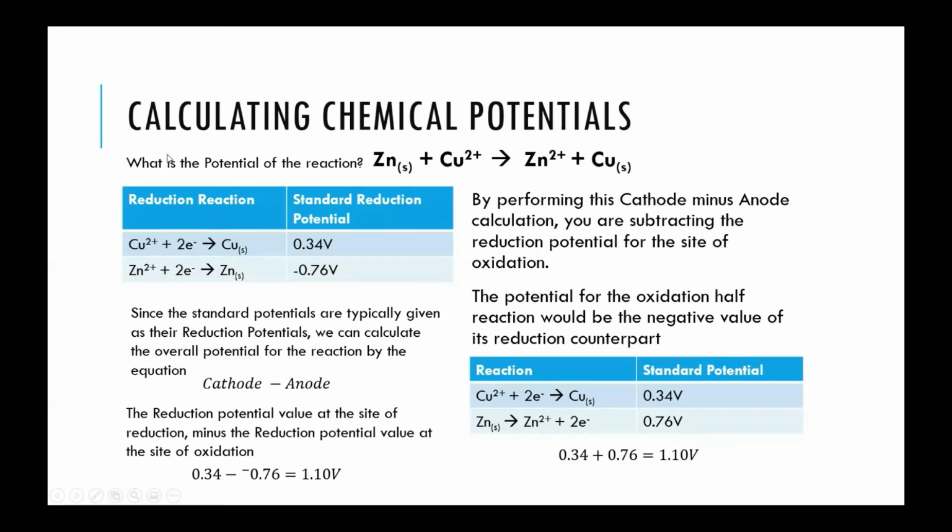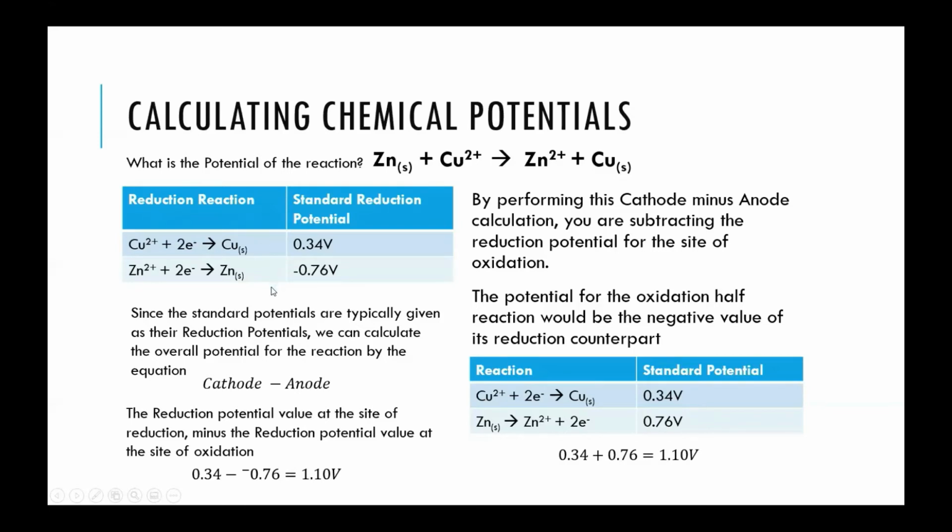So to calculate a chemical potential for the entire reaction, looking at zinc metal plus copper ion going to zinc ion plus copper metal, you can do that based on just the reduction potentials.